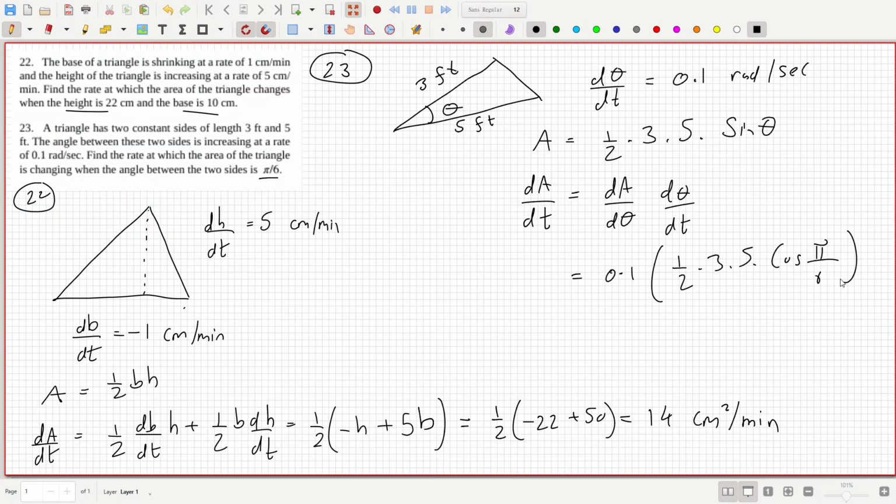So I just forgot about the 0.1, so it's actually 3 root 3 over 8, which, if you're wondering, as a decimal is 0.6495 roughly. Feet squared per second. Okay, that seems better.